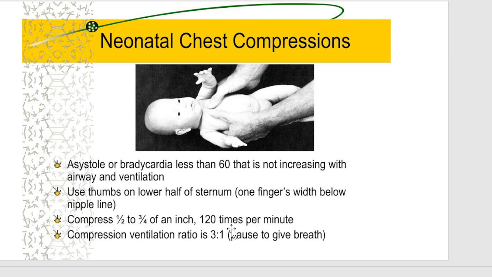Here you can see asystole or bradycardia less than 60 that is not increasing with airway and ventilation, then use thumbs on the lower half of the sternum, that means one finger's width below the nipple line, and compress 1.5 to 3/4 of an inch, 120 times per minute. The compression to ventilation ratio is 3 to 1. So 3 compressions and then give 1 breath. So this is about neonatal resuscitation.